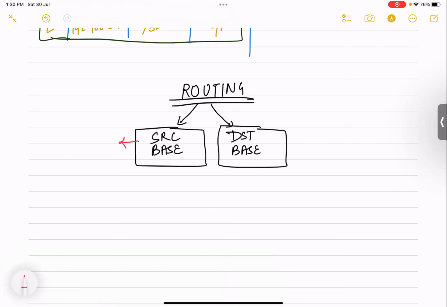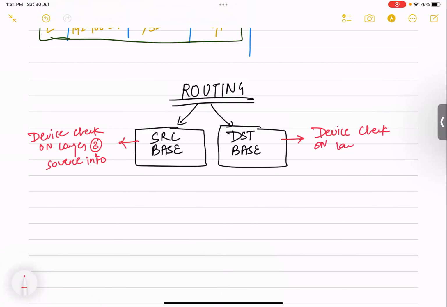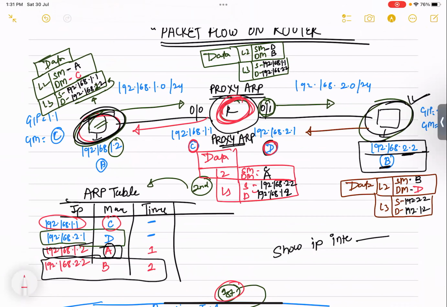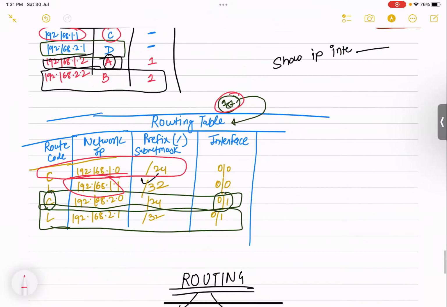Source based means the device checks source information on layer 3. Destination based means the device checks destination information on layer 3. So in this case, the router checks destination information. Clear?